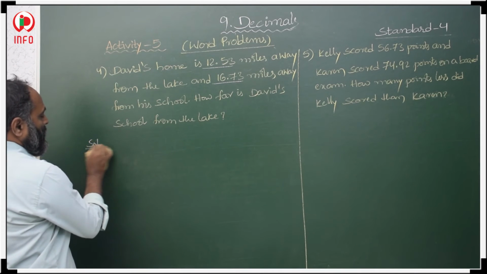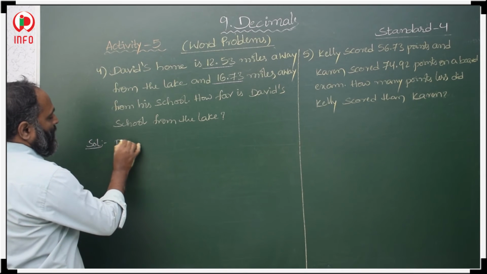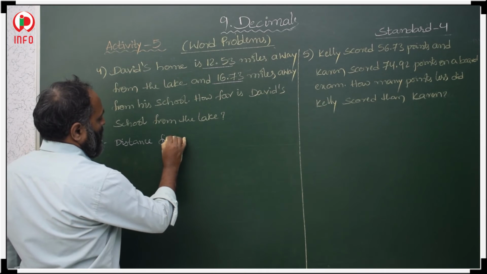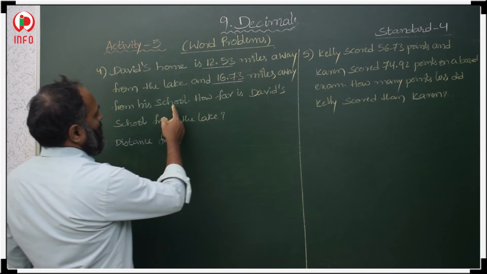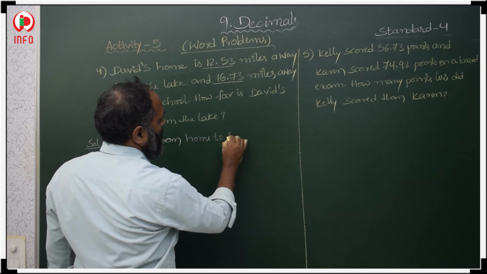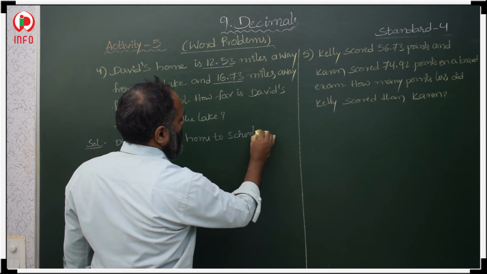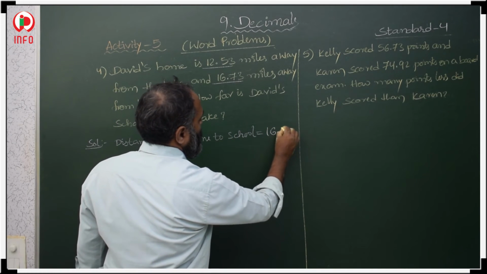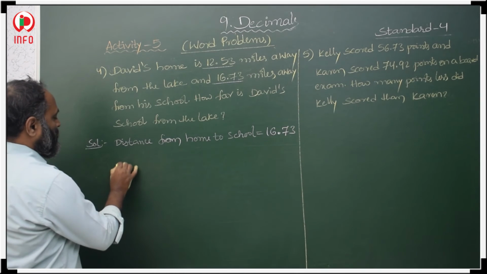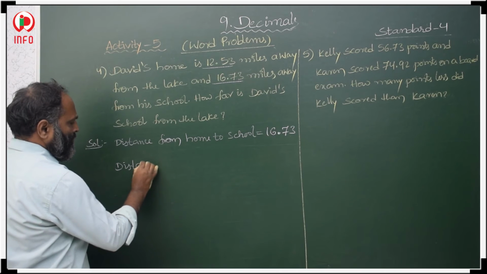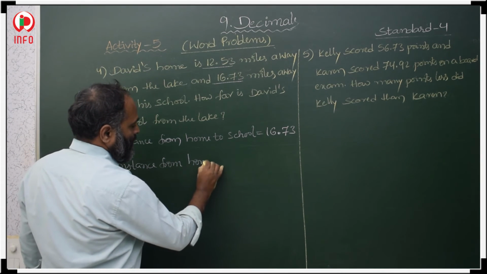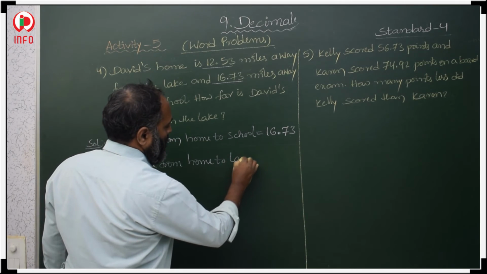Solution. Distance from home to school, how much? 16.73 miles. Then distance from home to lake.